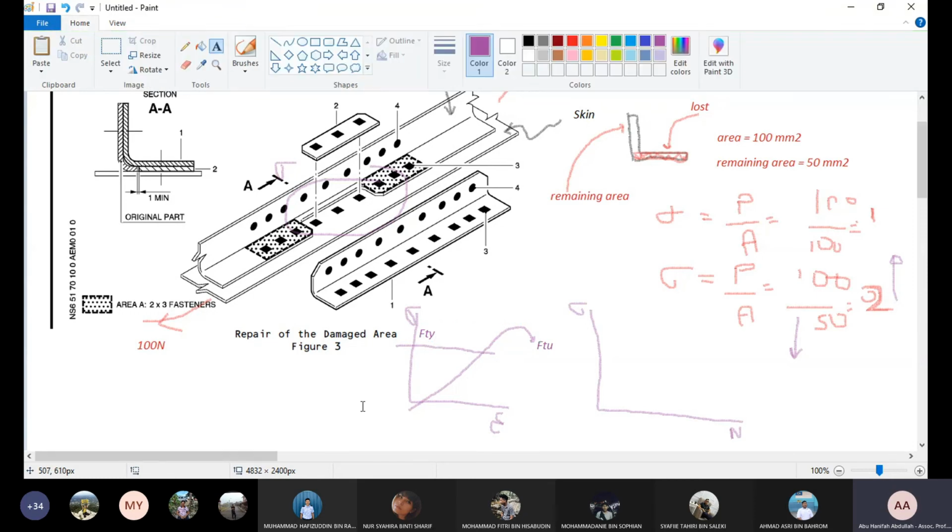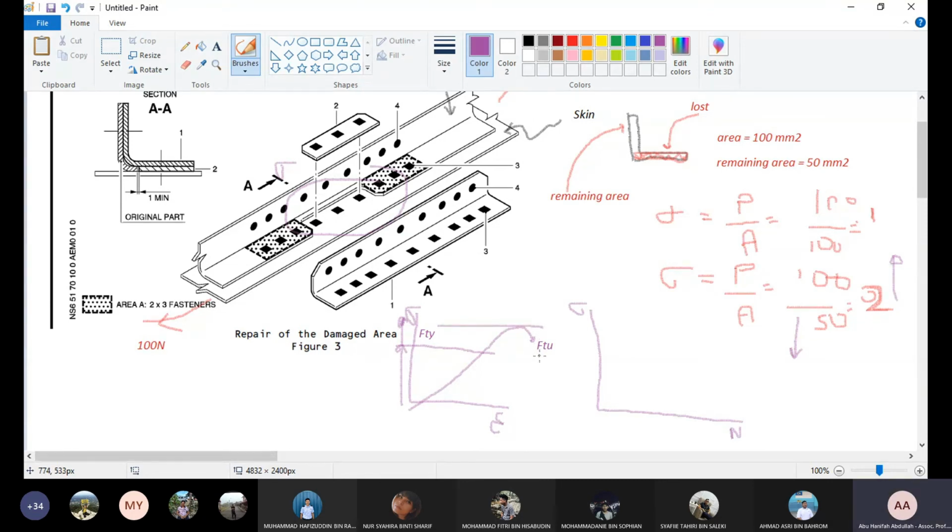Yield means that after the yield point, if you release the load, the structure will not come back to its original dimension. So we have permanent deformation. As the stress goes up very high, you may go up to the yield point, or even higher, you may reach the FTU.